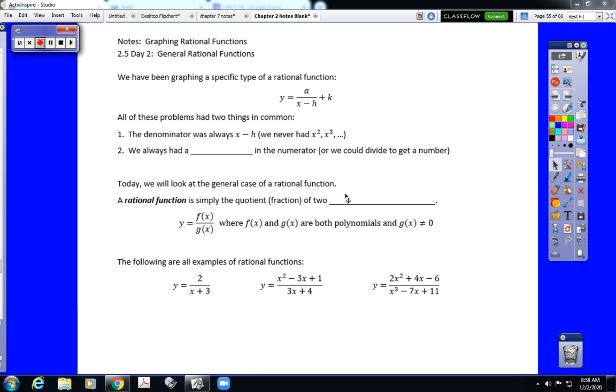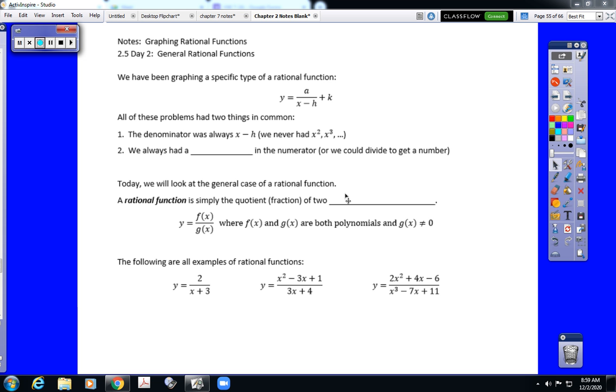Up to this point, the first part of 2.5, the first set of videos for this section, involved graphing only reciprocal functions because that was a review item. So up to this point, we've been graphing rational functions that have the parent function that is the reciprocal function. Every single one of those problems had two things in common. The denominator was always x minus h.